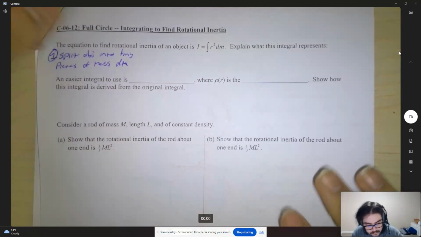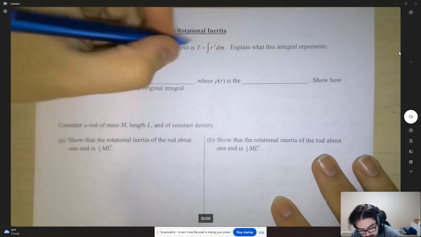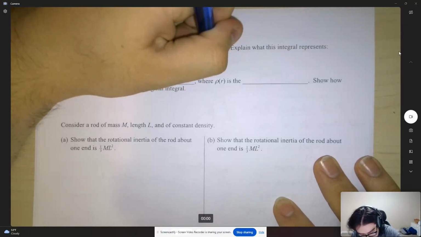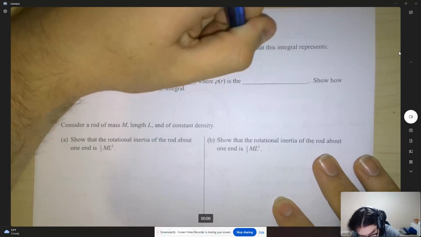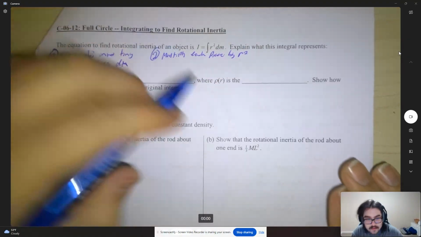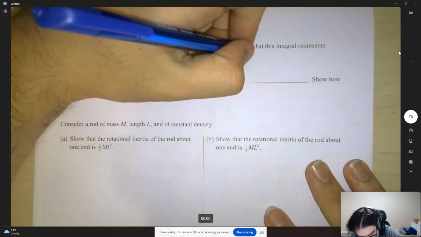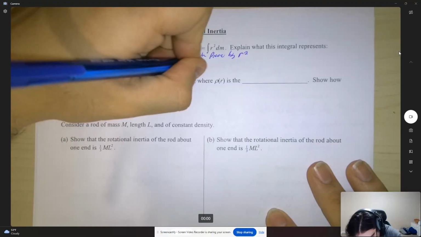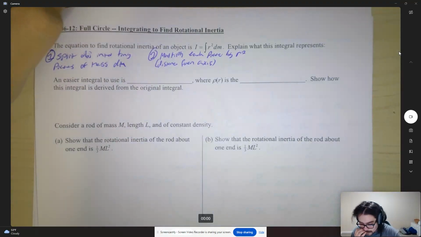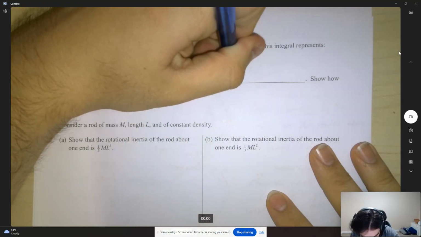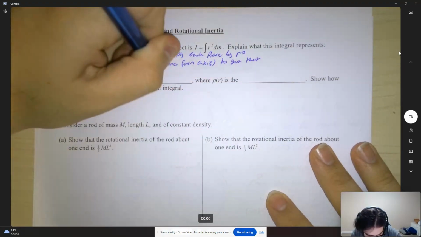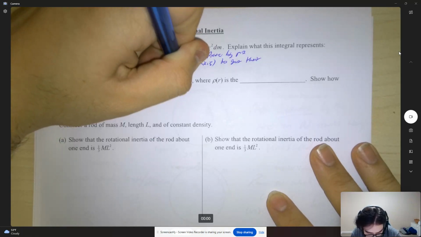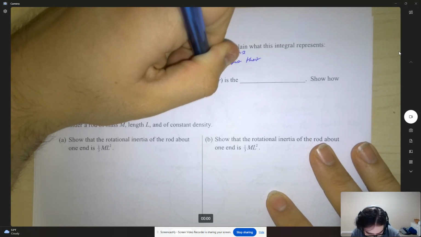The second step is that you multiply each piece by r squared, or distance from the axis, to get that piece's inertia, dI.